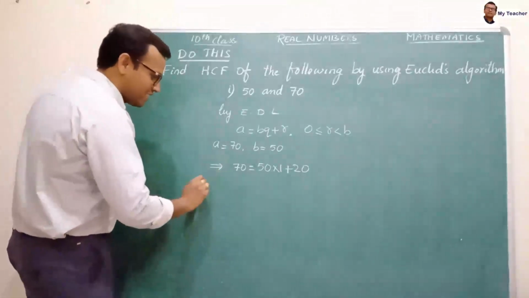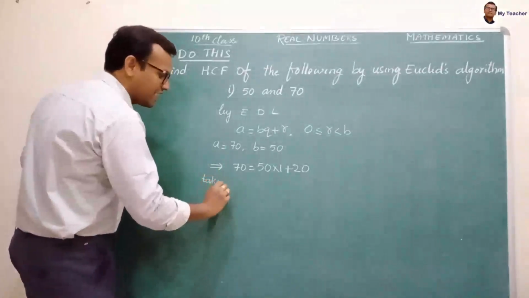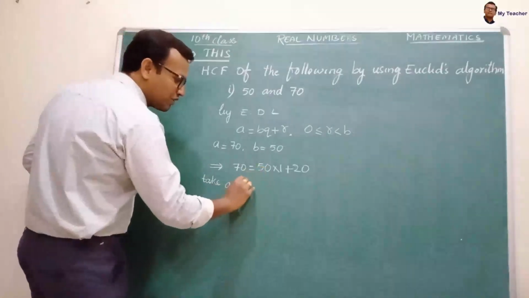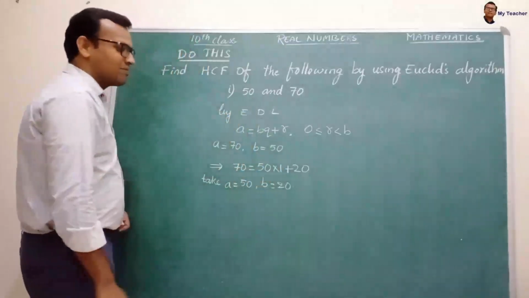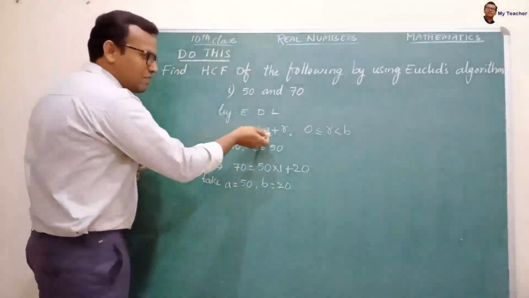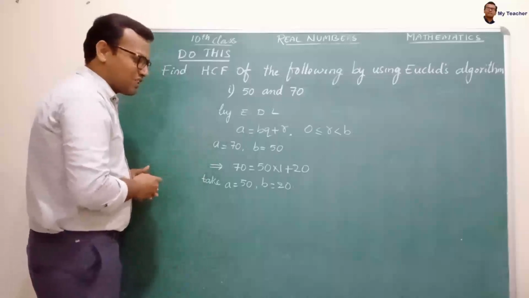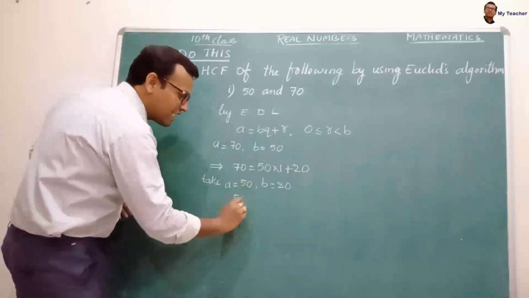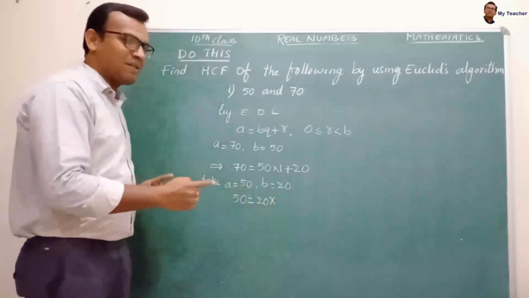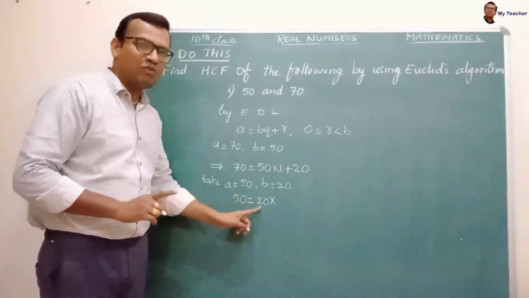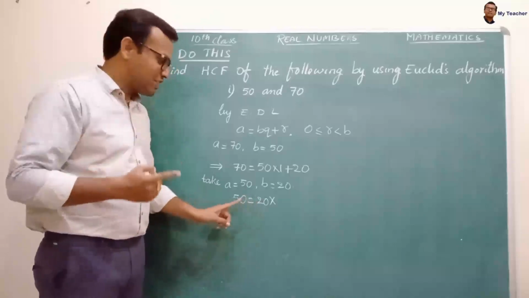Now let's take A is equal to 50 and B is equal to 20. Now A is equal to BQ plus R is the condition. That means 50 is equal to 20 into, so how many times 20? 20 1s are 20, 20 2s are 40, 20 3s are 60, which is more than 50.